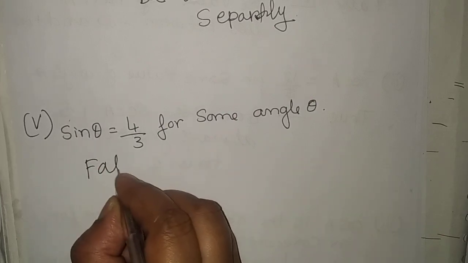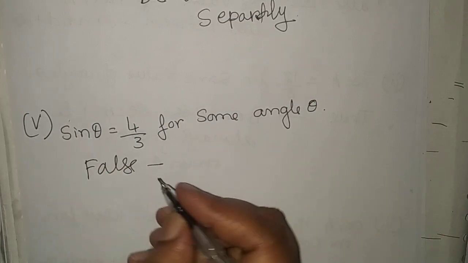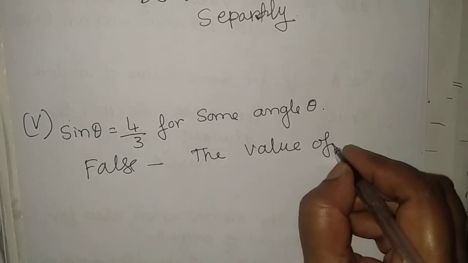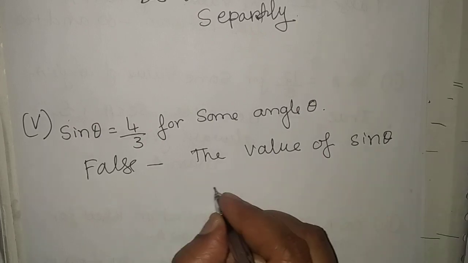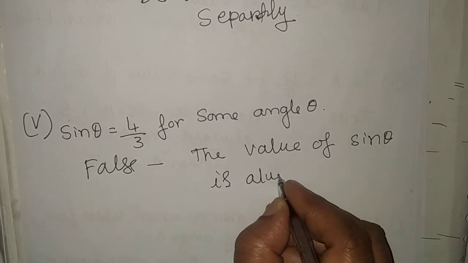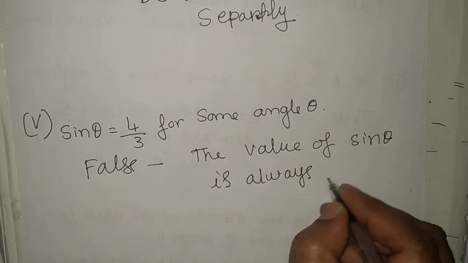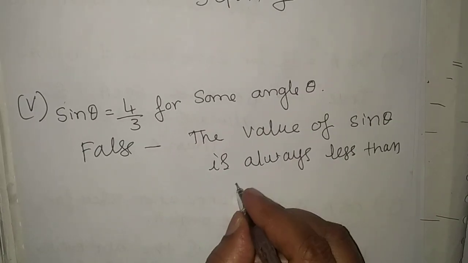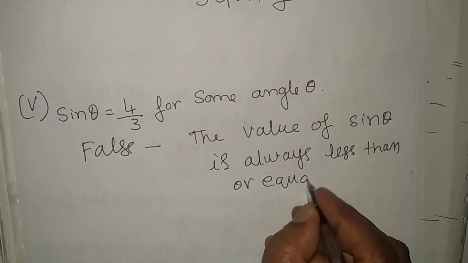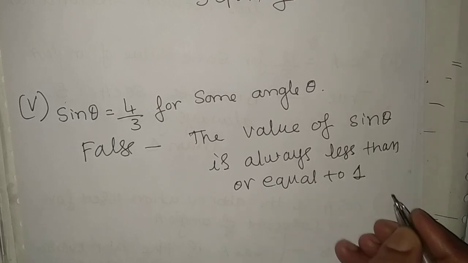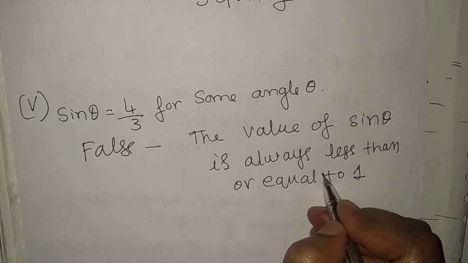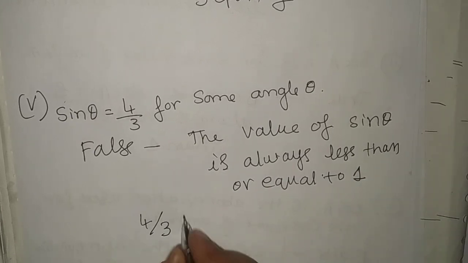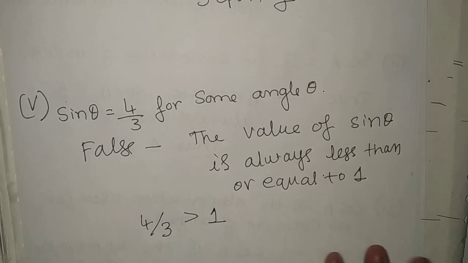This is false because the value of sine theta is always less than or equal to 1. 4 by 3 is greater than 1, so it is not possible.